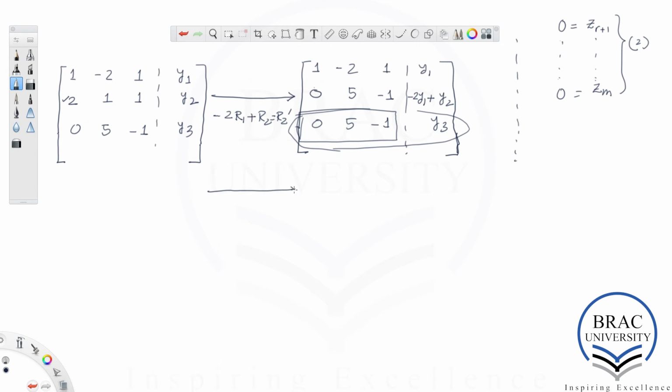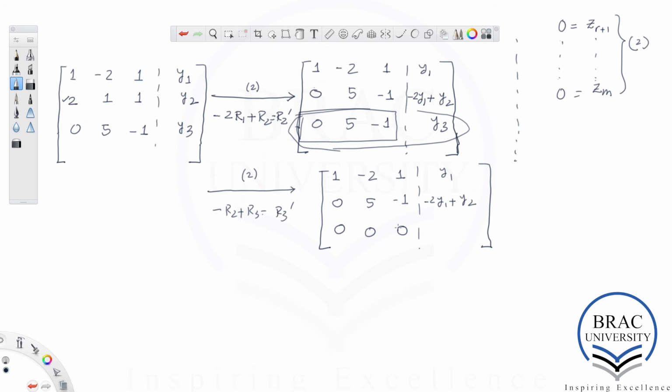So for this reason, we apply the second type of elementary row operation again, which is going to be minus r2 plus r3 is equal to r3 prime, and that will give us this matrix: 1 minus 2 1 and then y1, 0 5 minus 1 and minus 2 y1 plus y2, and 0 0 0, and then 2y1 minus y2 plus y3.